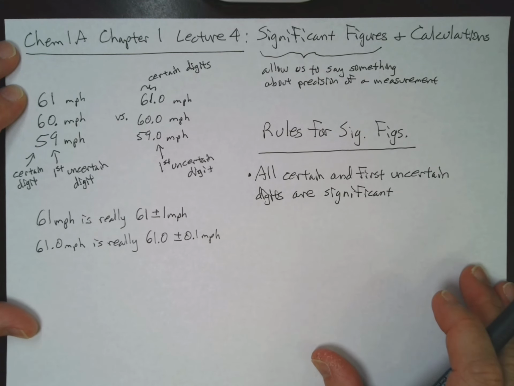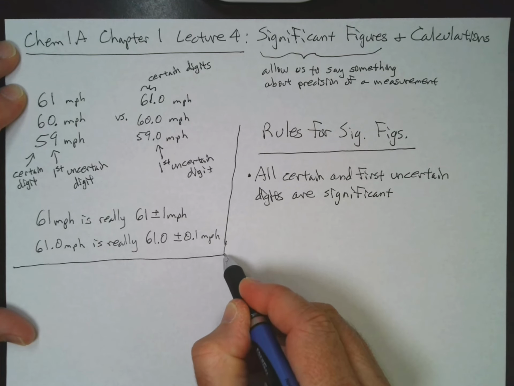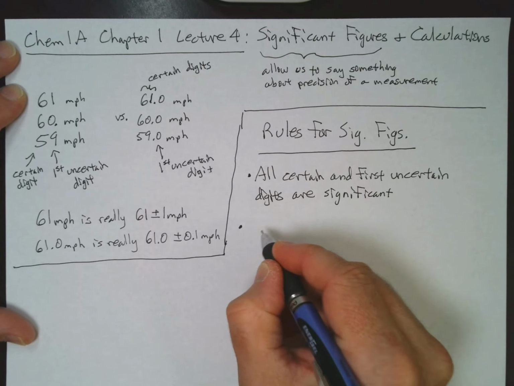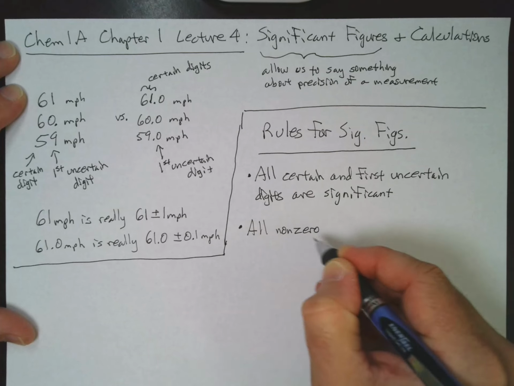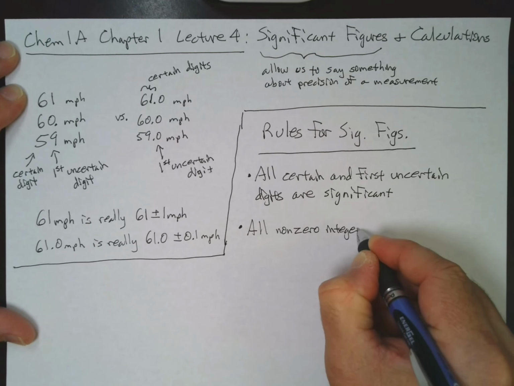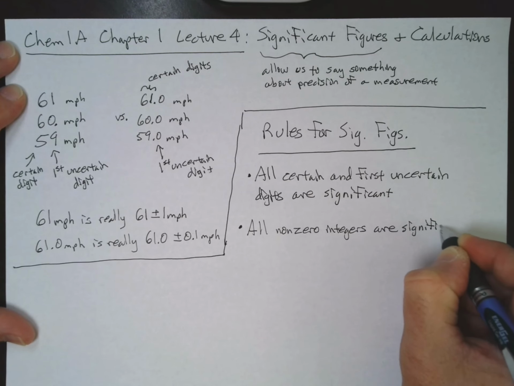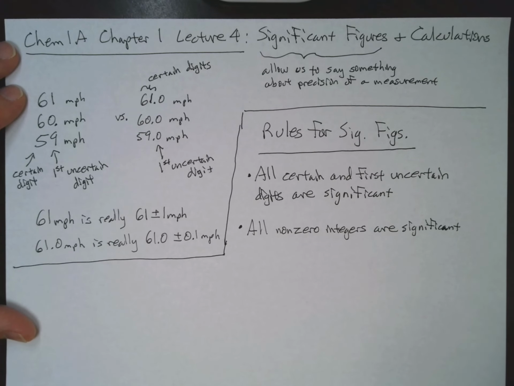Now, there are some other rules. All non-zero integers are significant. So if we have anything from 1 to 9, that is significant.